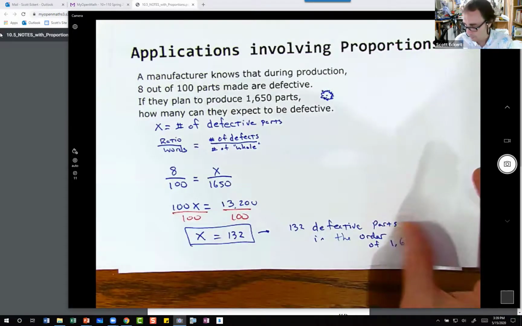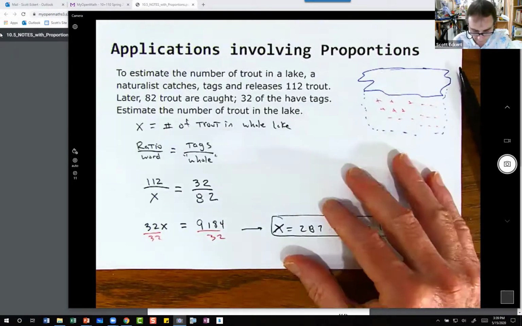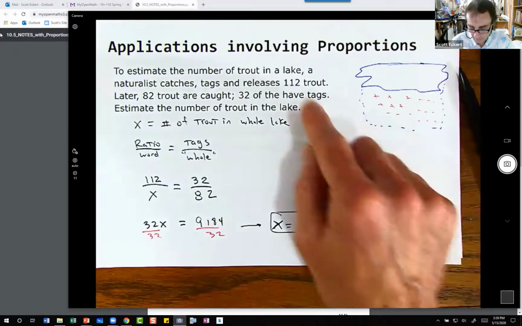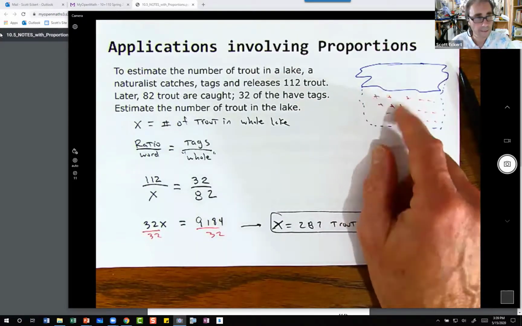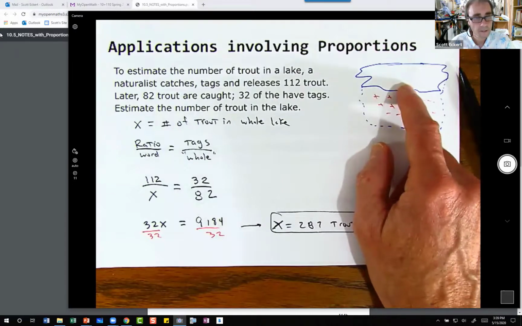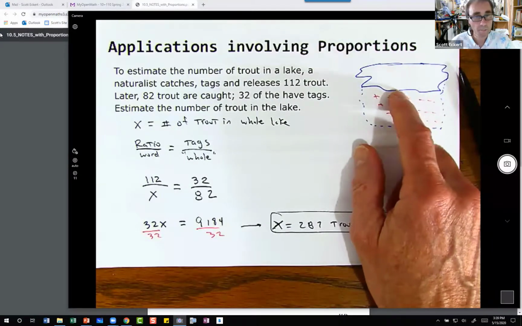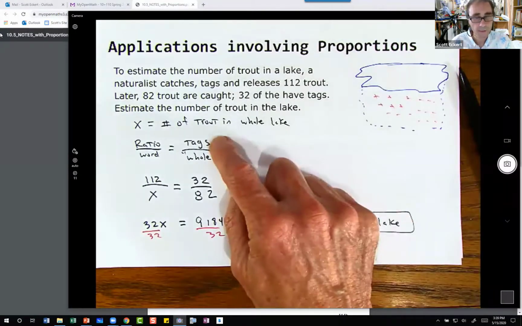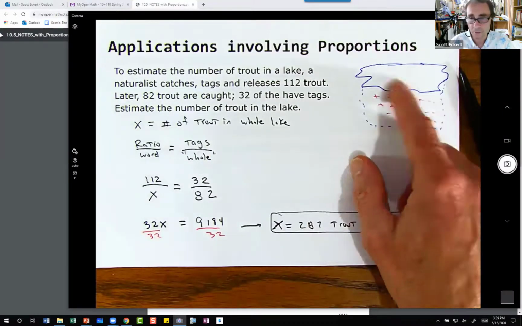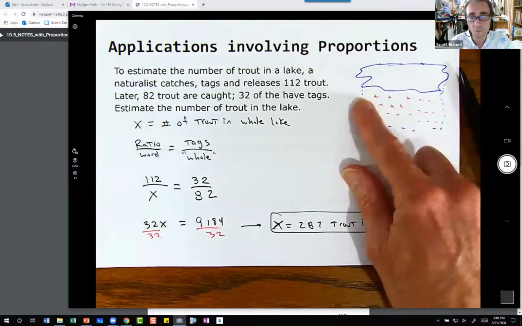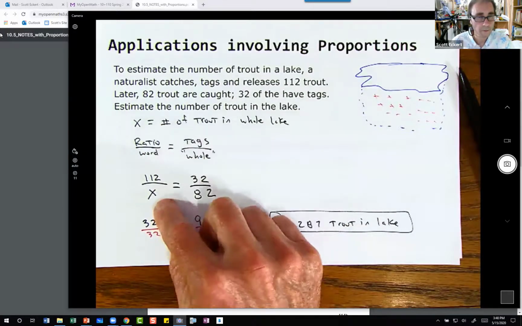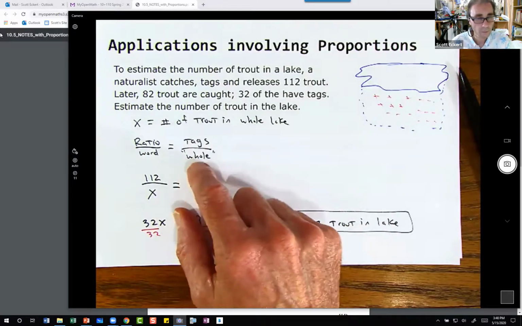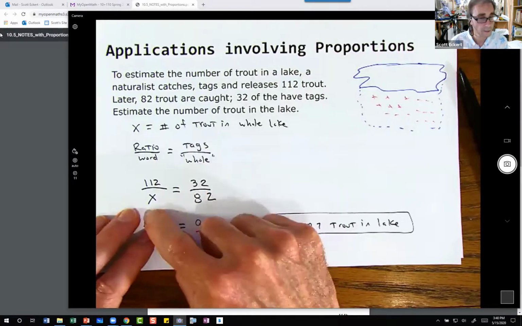But in the fish problem, it didn't work out that way, because there's 112 of these tagged fish, but they're not the whole lake. So the 112 was the part, the tagged part. And that 112 is just part of the whole lake. So X was the whole in this problem. So I put the number of fish in the whole lake in the bottom.